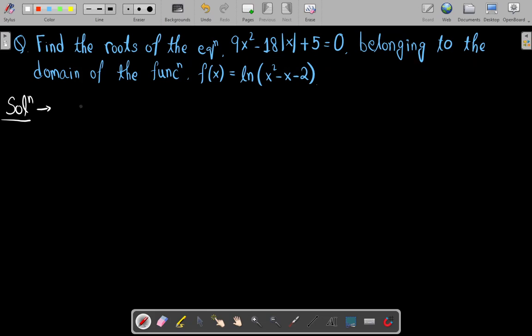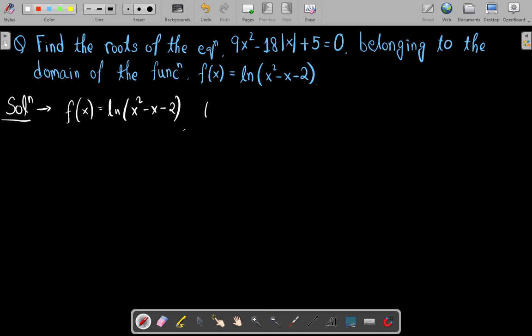So let us try to find the domain first. f(x) is the logarithm of x² − x − 2. Now this logarithm function is defined only for positive real numbers, so the term inside the bracket has to be positive and real.